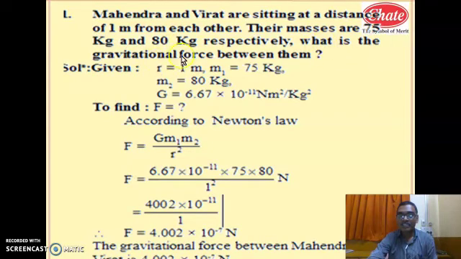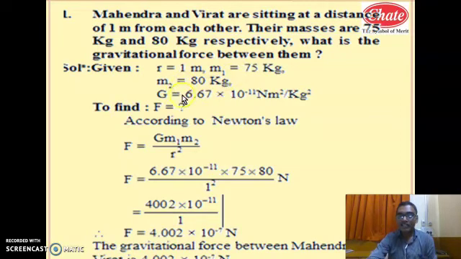What is the gravitational force between them? We have to find the gravitational force between them. Here the distance is 1 meter, which we understand from the first sentence. In the second sentence, 75 kg and 80 kg masses are given. The first mass, 75 kg, is the mass of Mahendra, and the second mass, 80 kg, is the mass of Virat.